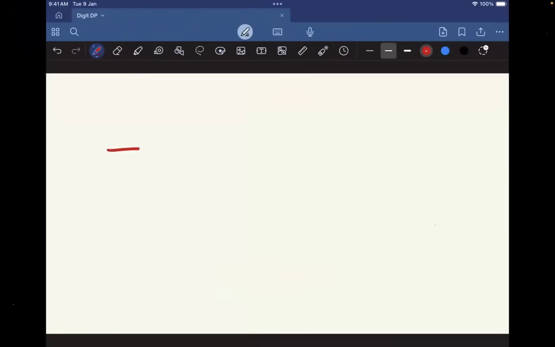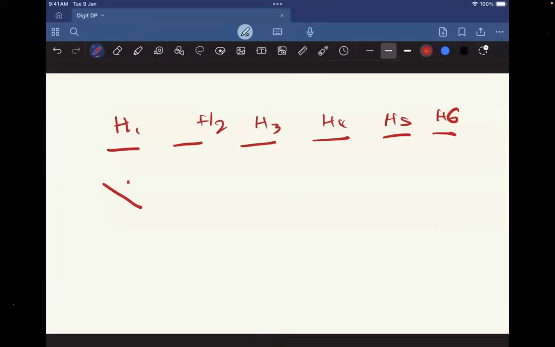So what does the problem say? There are some monsters, which is you have h1, h2, h3, so on and so forth, h4, h5, h6. Then you are given your initial health, which is x, and then you are given a k.